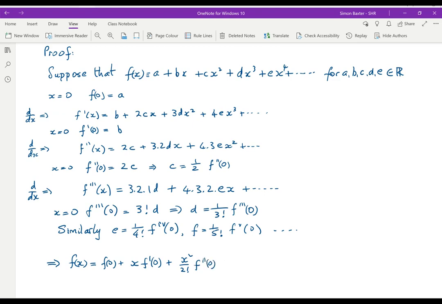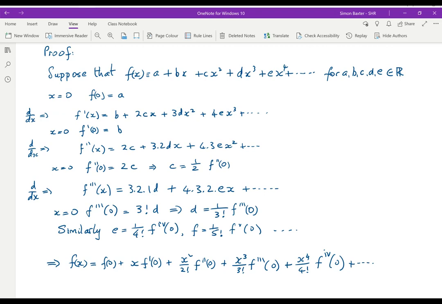The third one, dx cubed, that's x cubed times 1 over 3 factorial f'''(0), and so on. x to the 4 over 4 factorial times the fourth derivative at 0, and there we are.